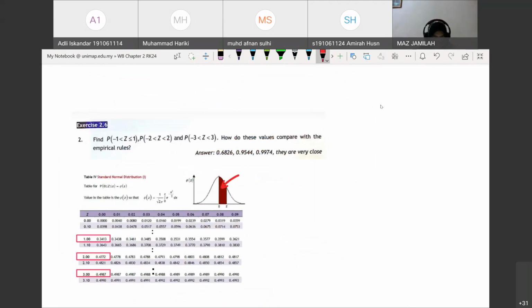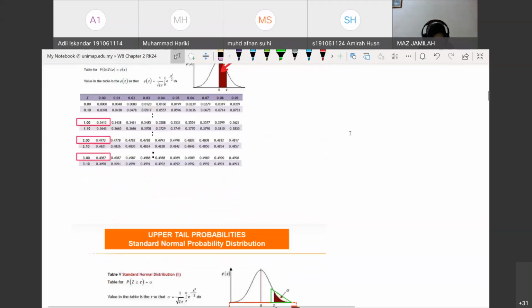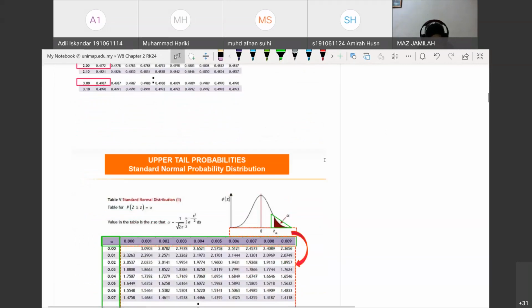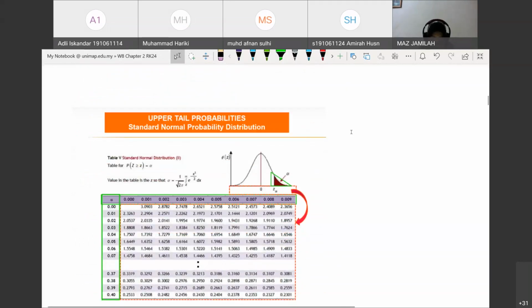Okay, so this is the first type of your probability distribution, and the other one would be the upper tail probabilities, which refers to the tail of your probability distribution, as what you see from this particular slide.